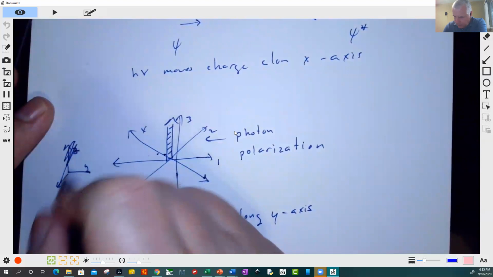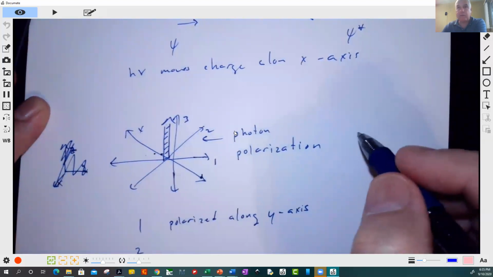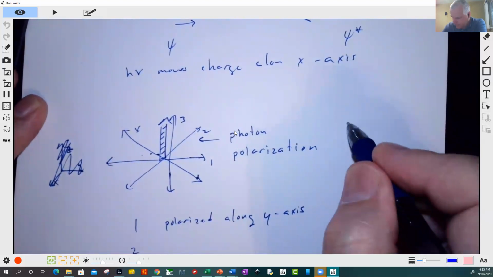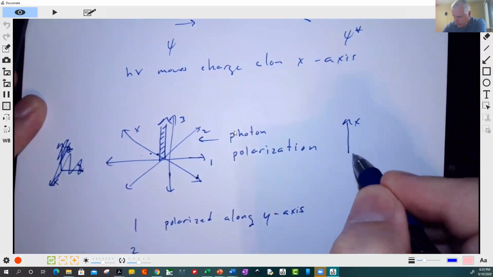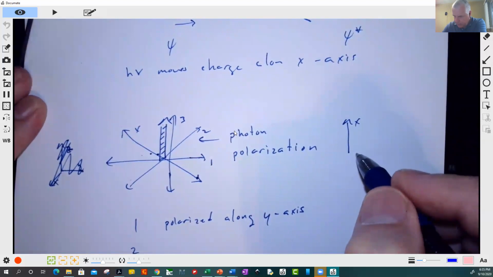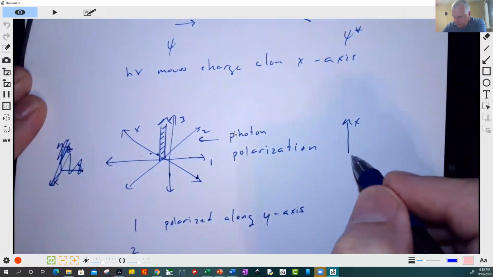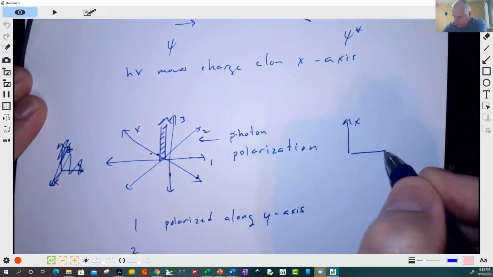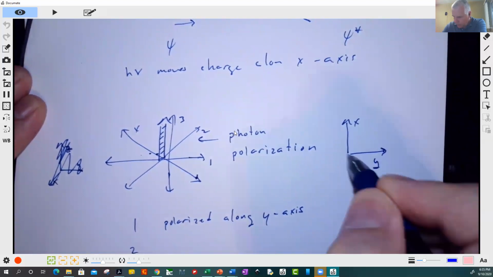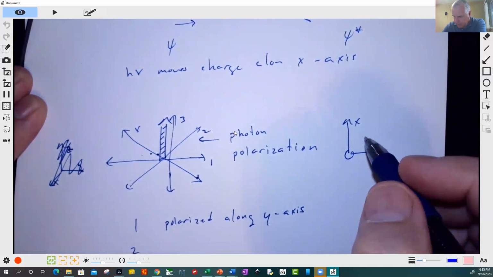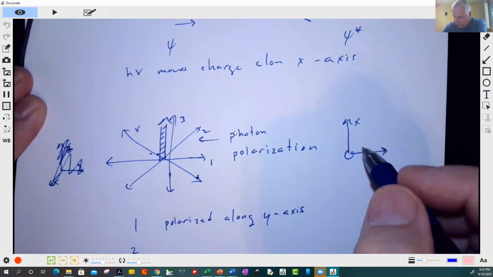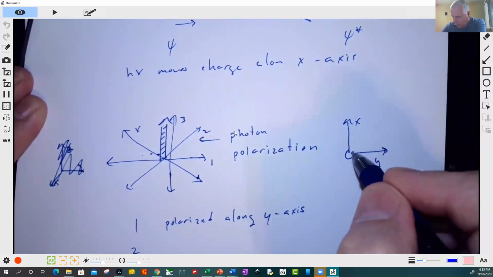This is going to have to be the x-axis here, and then the y-axis here, and then the z-axis will be pointing out of the plane.